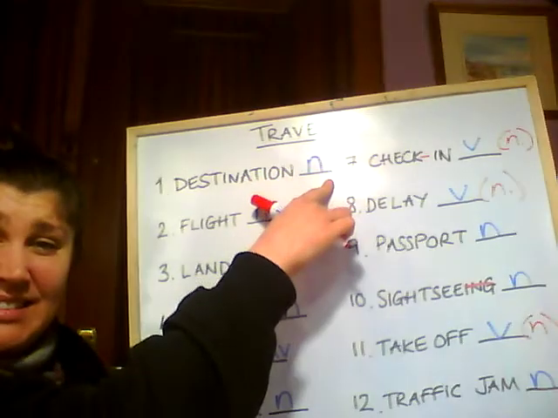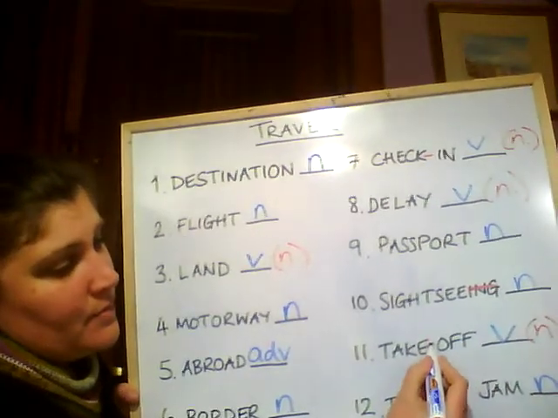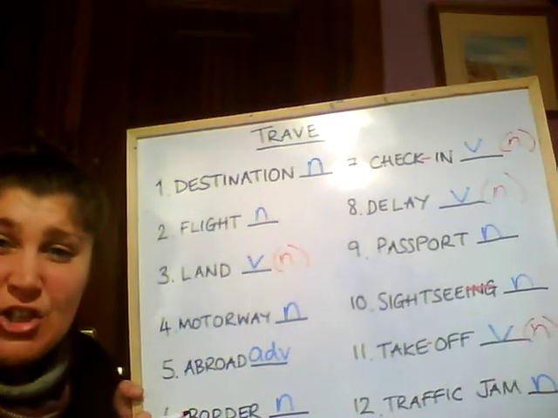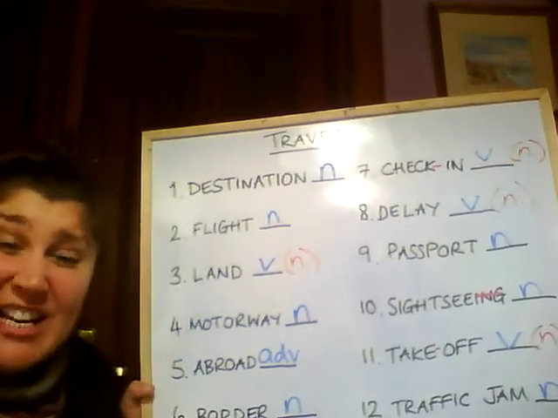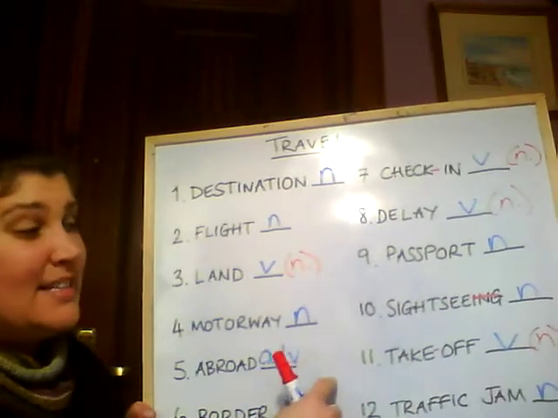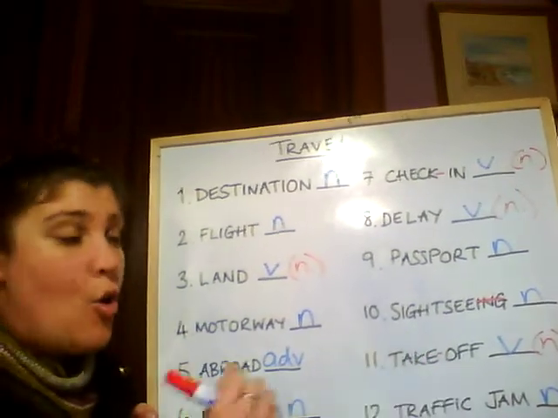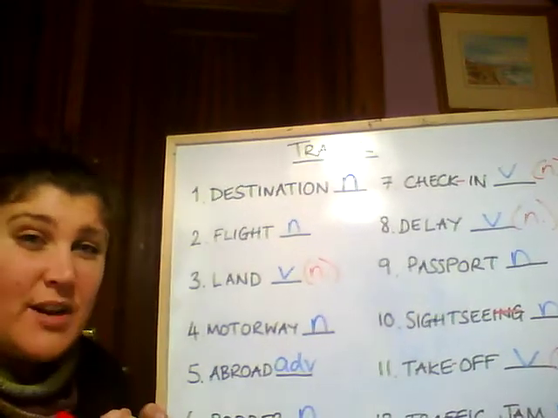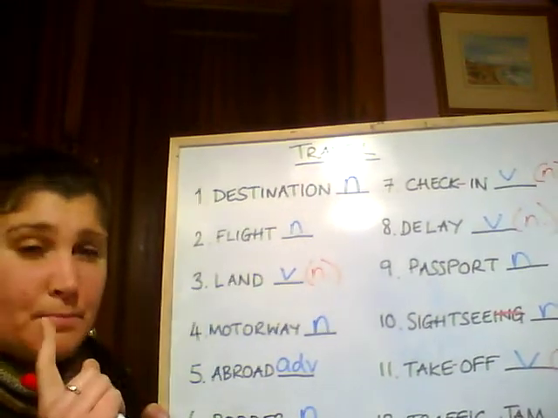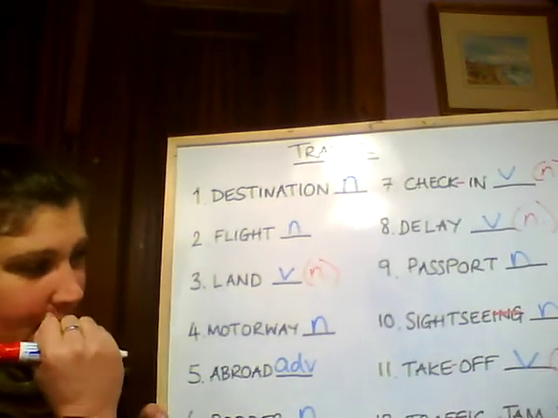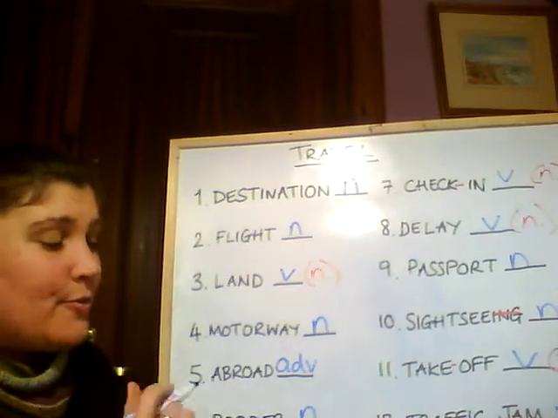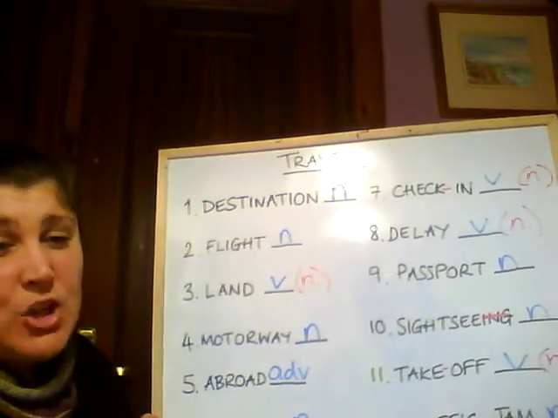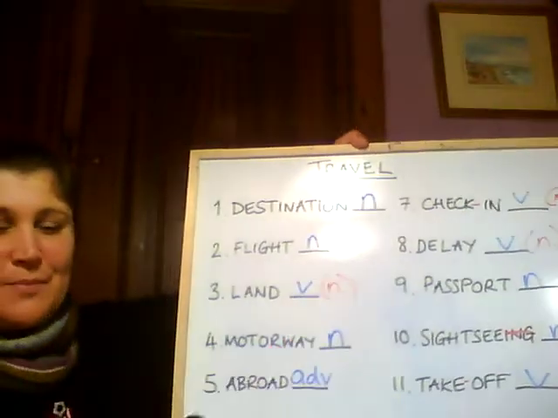Like check-in, with a noun, we have a dash. Listen to the pronunciation again. To take off or the take-off. Different pronunciations, but the same meanings. And finally, number 12, traffic jam is just a noun.